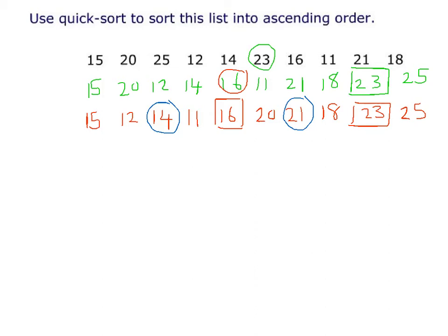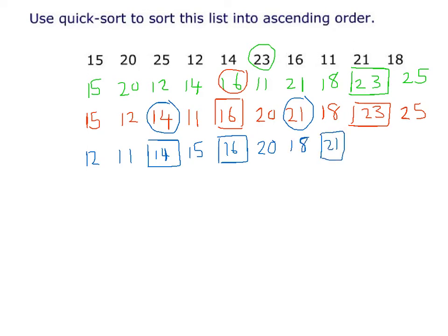So our list this time is now going to be 12, 11, 14 is now fixed, 15, 16 is fixed, 20, 18, 21 is now fixed, and the final part of our list doesn't change.